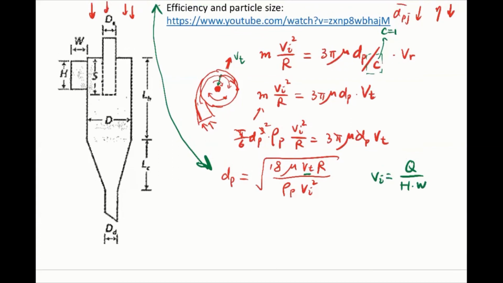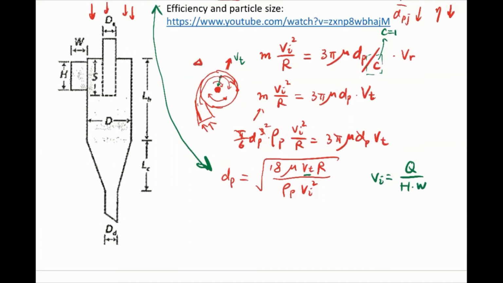Let's say the particles will spend a time of delta t in this cyclone. One thing we know for sure is that, if the particles finally get collected, then vt multiplied by delta t should be equal to W. So W is basically this distance here.